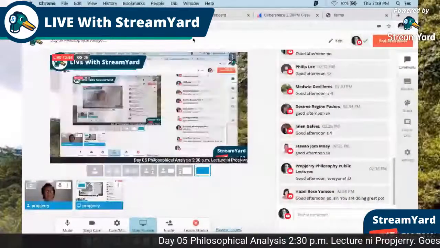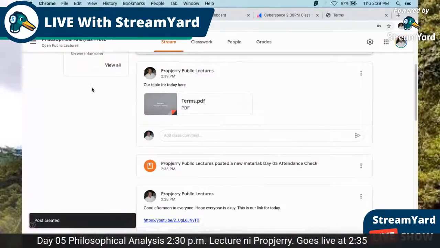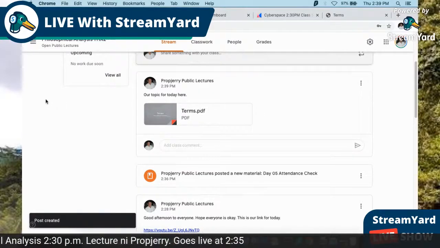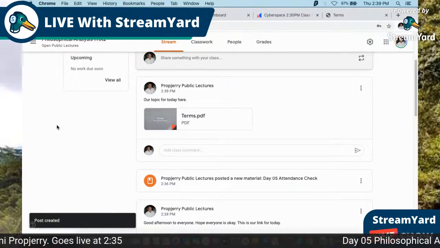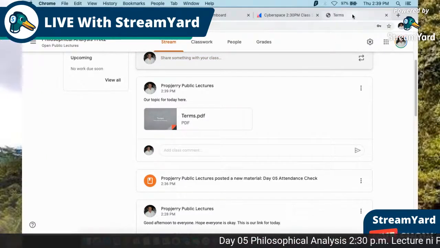It will be a reminder when you review what we are talking about today: terms. There you go. It should be useful as a reminder of what's going on when you do your review.